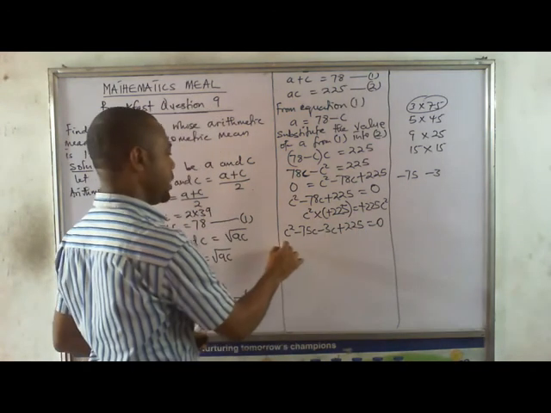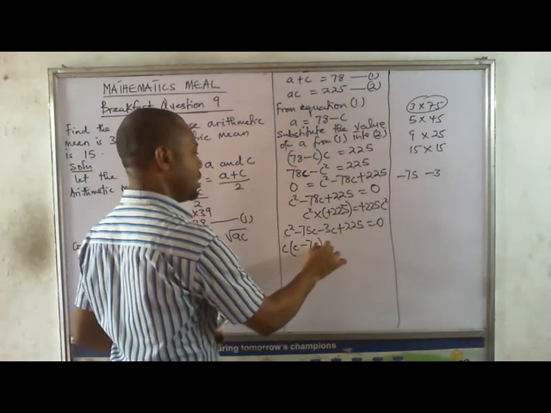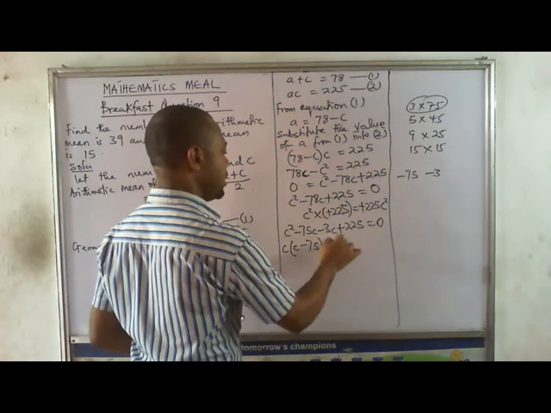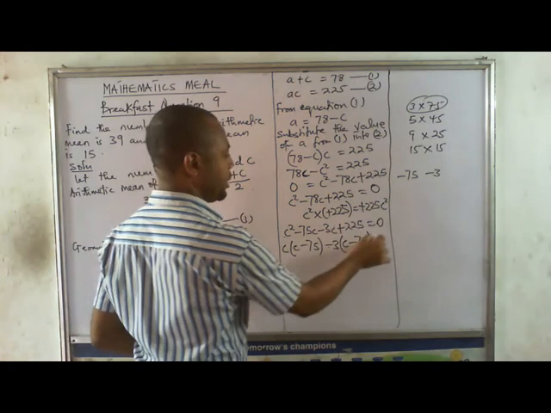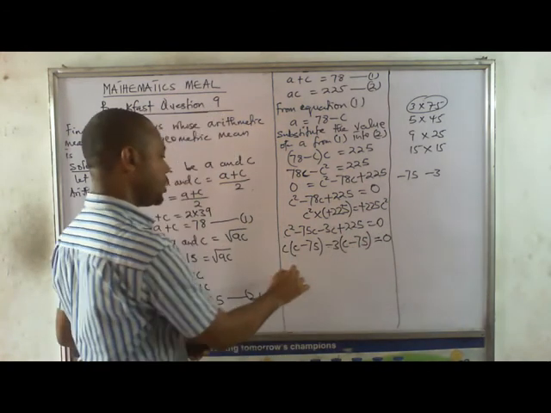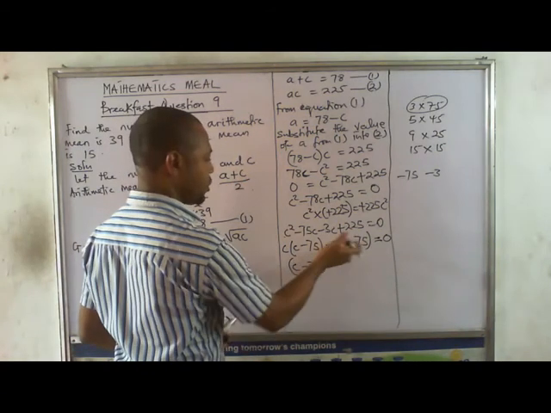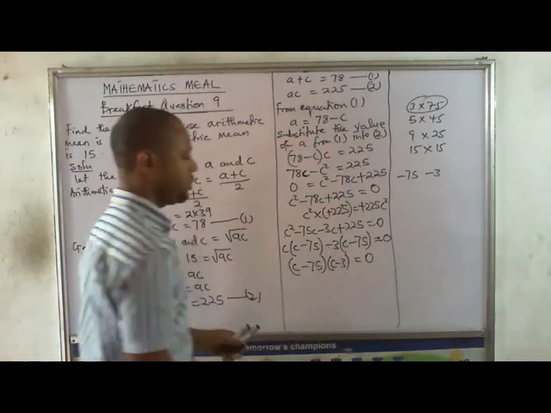We factorize by grouping. We have C minus 75 as common. Factor that, we have C minus 75 times C minus 3 equals 0.